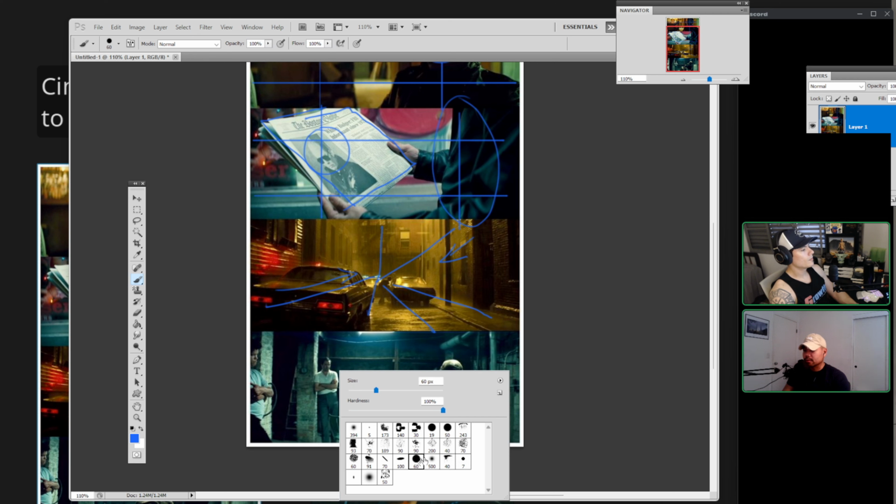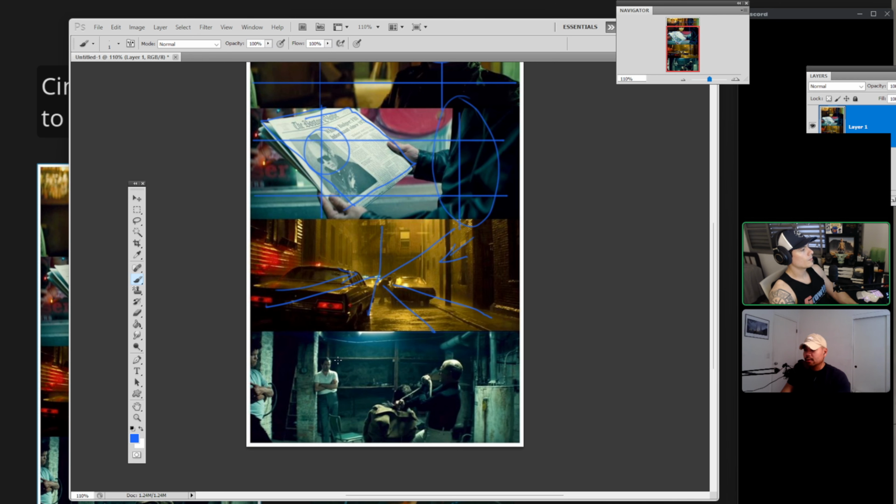Really wrapping up the last one real quick, you can see how these two guys here are looking at this main subject matter. So the person's emotion and the eyes in their face can really drive the composition forward as well. And then we have this sort of sweeping motion going up.